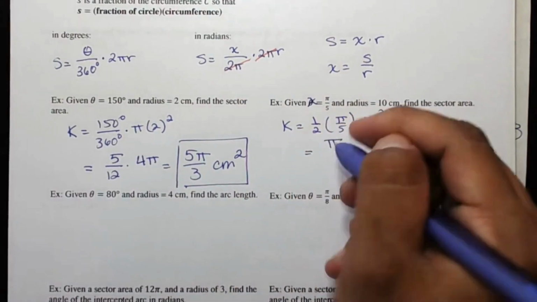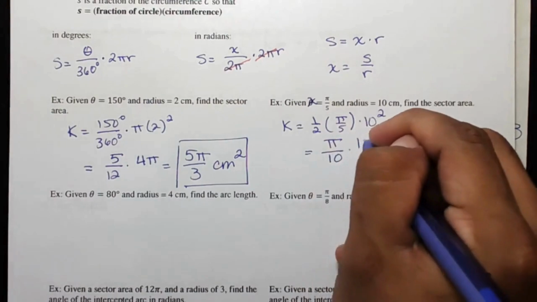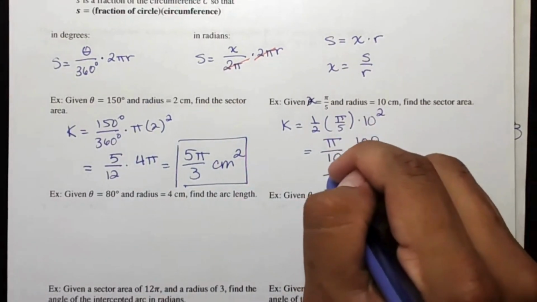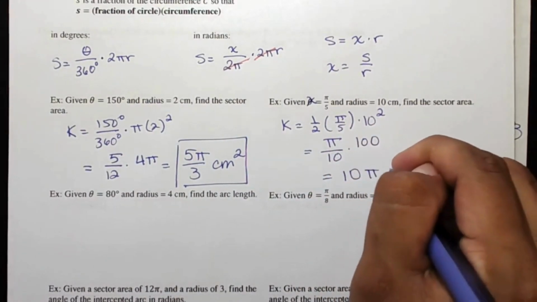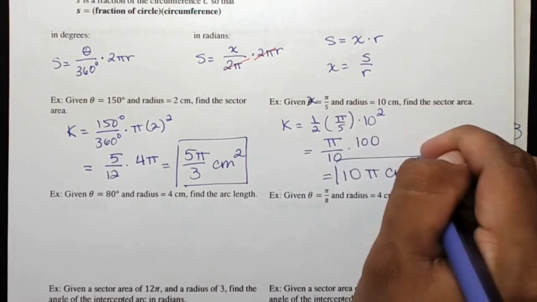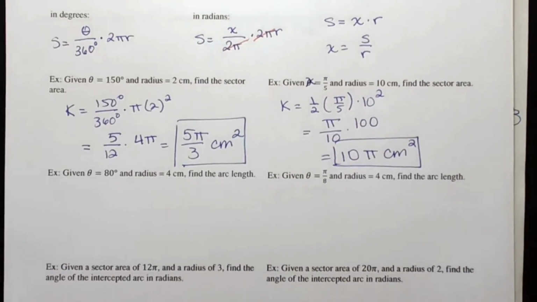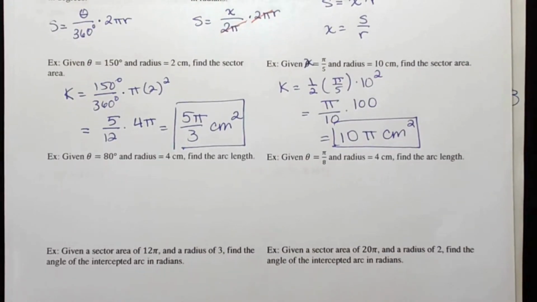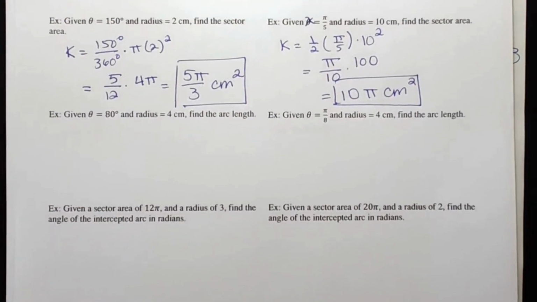I can change this to pi over 10, and this is 100. So we end up getting 10 pi centimeters squared. Again, because it's area, area should always be units squared. So make sure to include units where appropriate. If they've already included the units in the quizzes or warm-ups, make sure you don't write centimeter squared, centimeter squared.